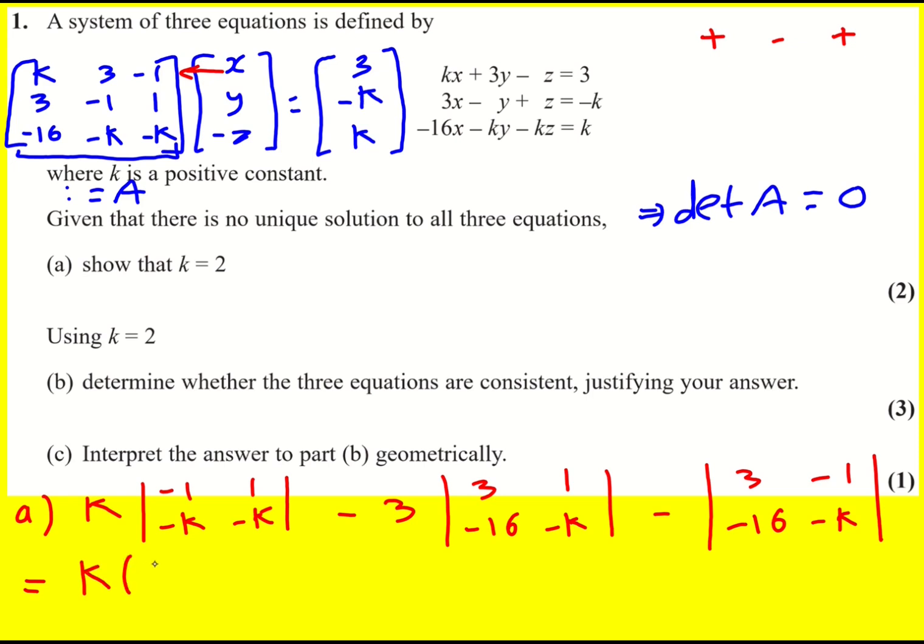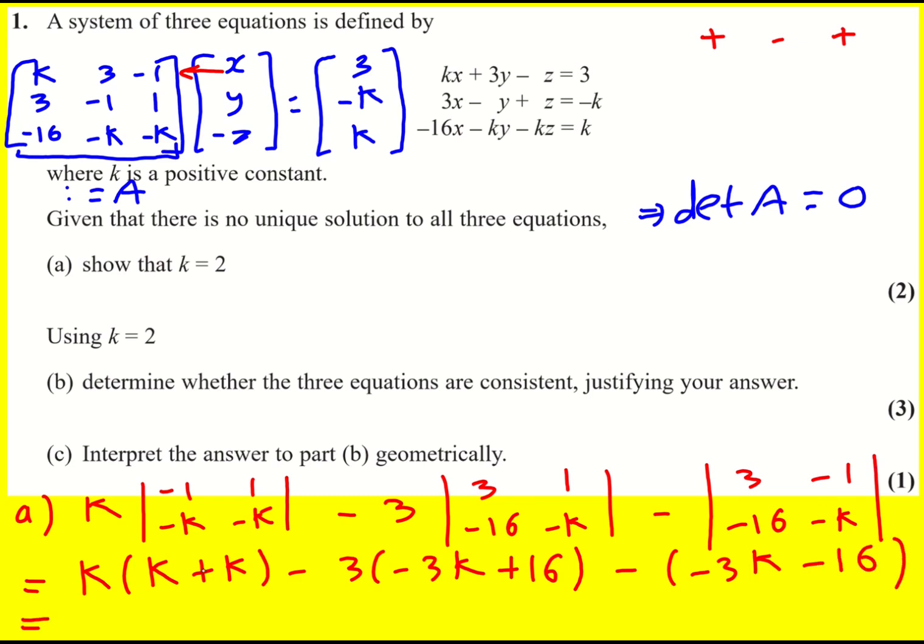Let's expand this out. I'm going to get k times minus k, so that's minus k squared, minus k, minus 3 lots of minus 3k minus 16, so plus 16, minus 3k minus 16. Be really careful with all the negatives here.